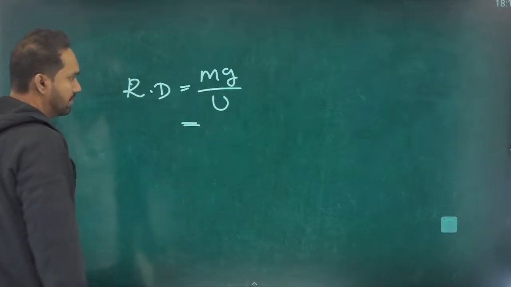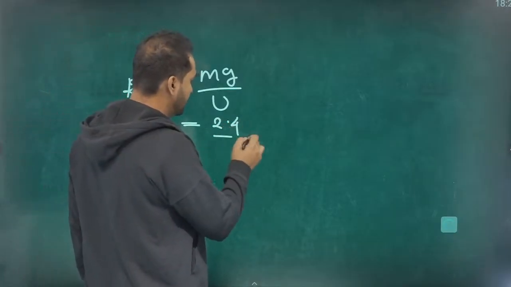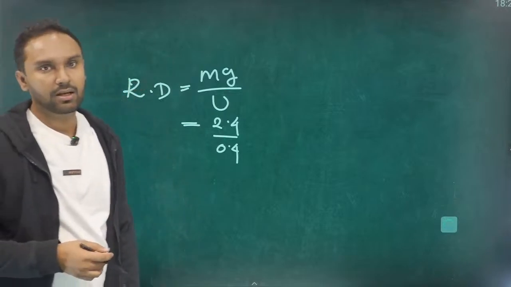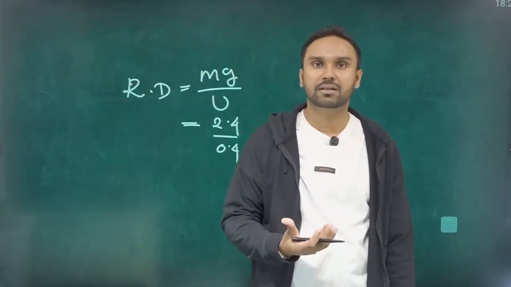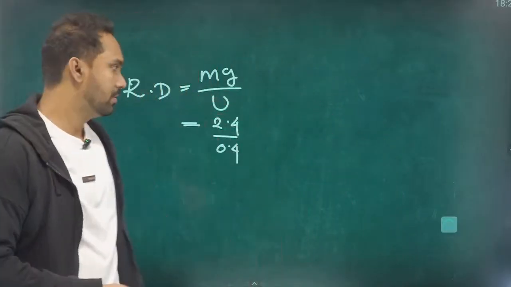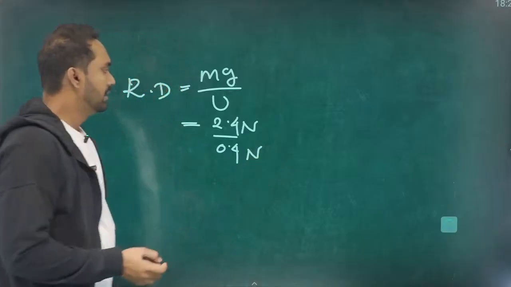So here the weight of the object is given as 2.4 newtons and the upthrust is 0.4, because when you immerse the glass object in the water, the weight is reduced to 2 newtons, which means 0.4 newtons of upthrust is there.